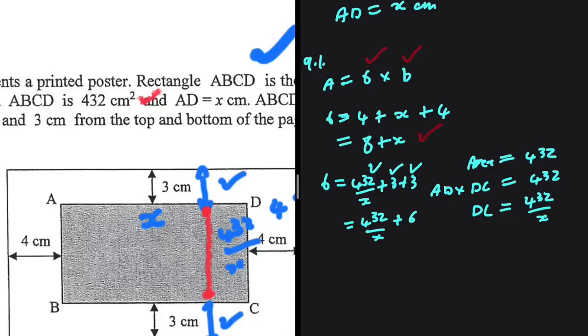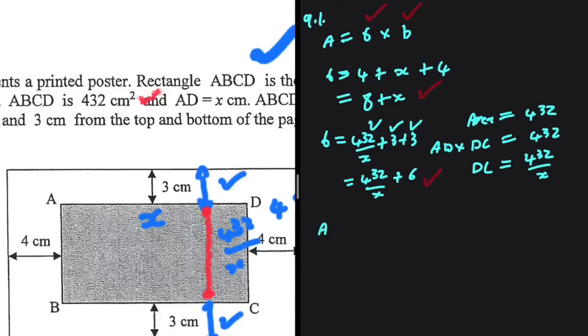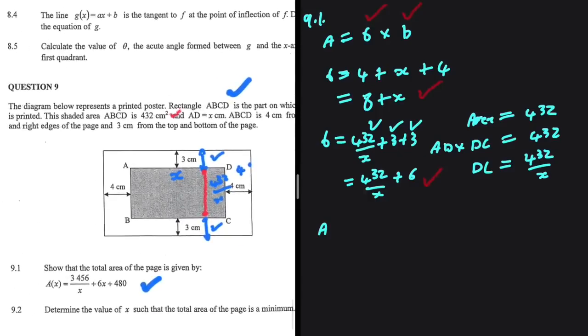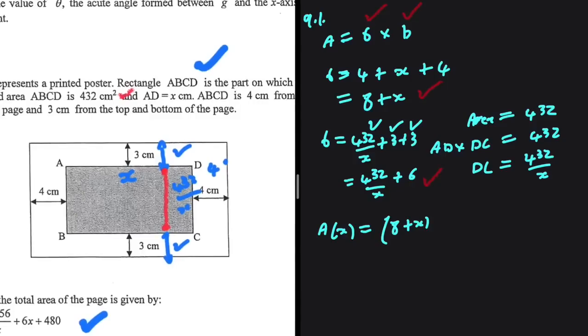This is the length and this is the breadth. So we can say that the area of our poster in terms of x will be equal to the length, which is 8 plus x, multiplied by the breadth, which is 432 divided by x plus 6.